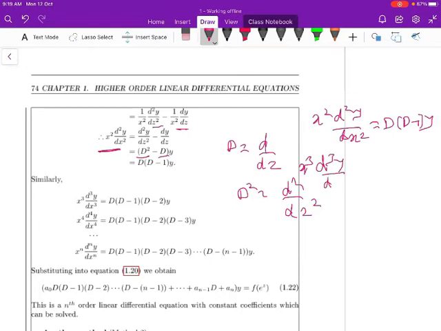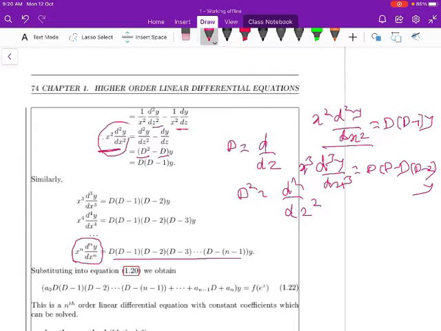Similarly, x cube into d cube y by dx cube, using this result, can be written as D into D minus 1 into D minus 2 into y, and so on. Therefore, x power n into d n y by dx to the power n is equal to D into D minus 1 into D minus 2 etcetera, D minus of n minus 1 into y.